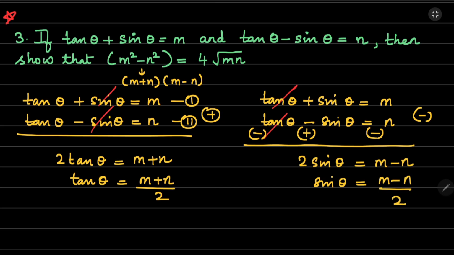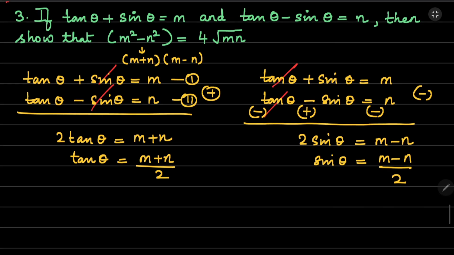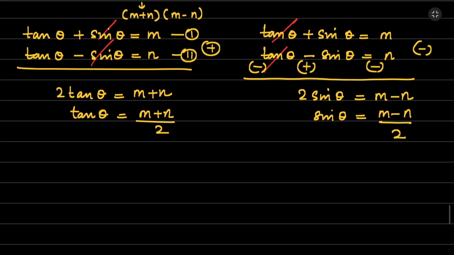Okay. Now, if you see tan and sine, you have to relate this with an identity which is related to cot and cosecant. So what is cot? If tan theta is m plus n by 2, then in that case, what will be cot theta?